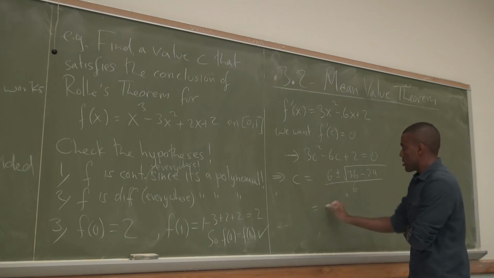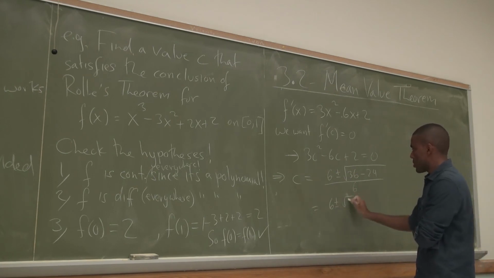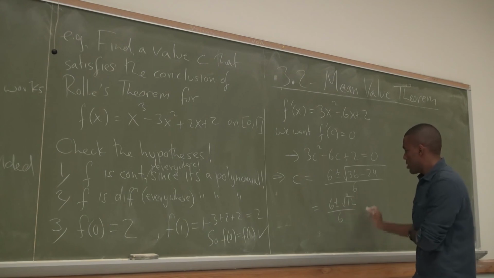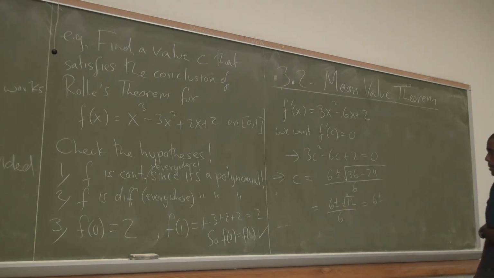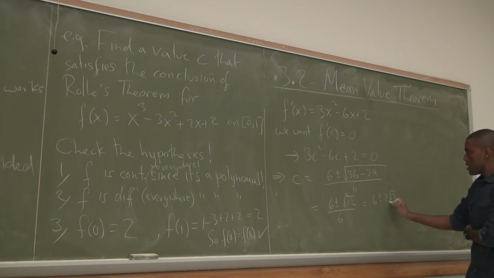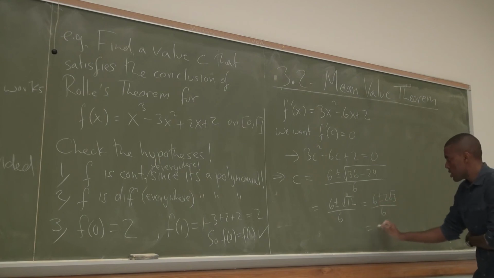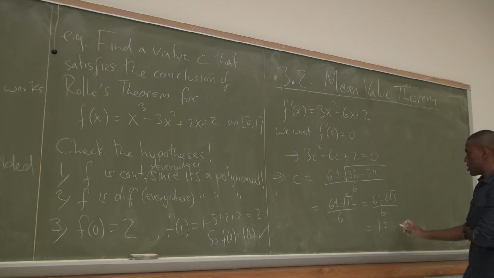So 6 plus or minus radical 12. So radical 12 can be simplified to what? 2 radical 3. So this is 1 plus or minus radical 3 over 3, right? Or if you want 1 over radical 3.